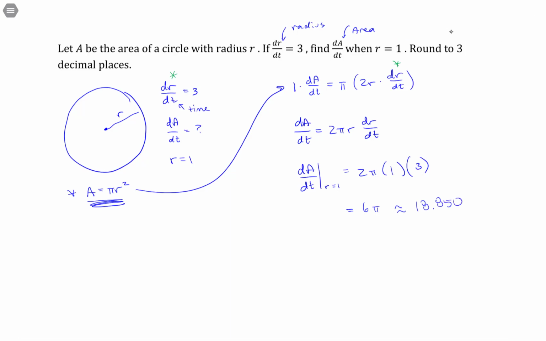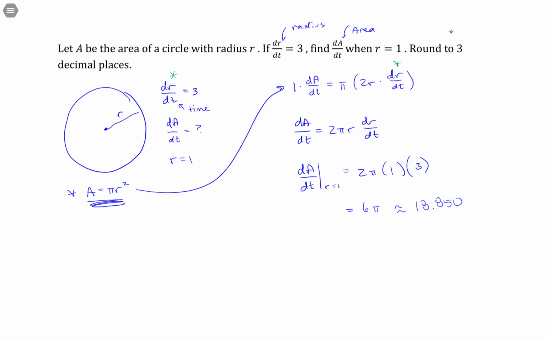Okay. Now, another thing that I want to mention is units of measure are important, and units of measure have to match up on both sides of an equation before an equation even makes sense.